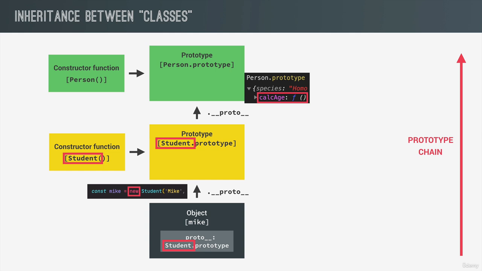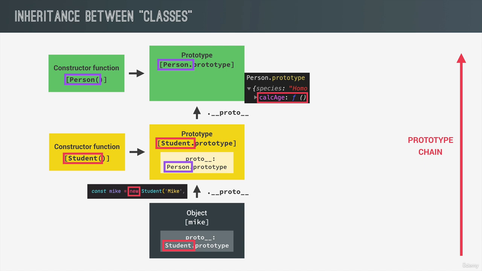So looking at this diagram, basically what we want to do is to make person.prototype the prototype of student.prototype. Or in other words, we want to set the underscore proto property of student.prototype to person.prototype. And if this sounds confusing, then please just pause the video here for a minute and keep looking at this diagram for some more time.